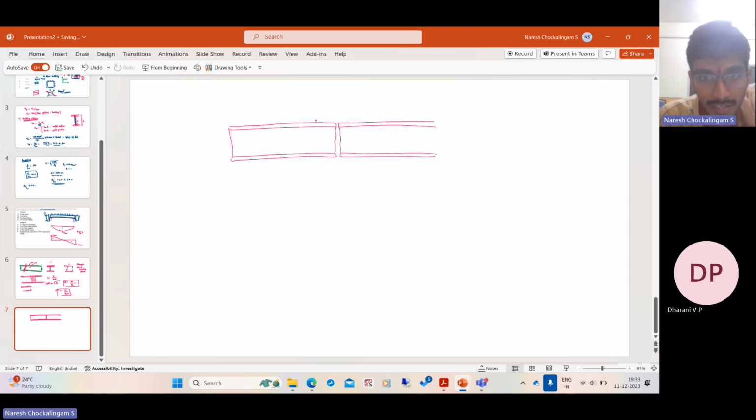So what people do is they put a flange splice here. They put two other plates. I can also put it on the inner side, right, to avoid any unnecessary bending. And then they bolt it like this.